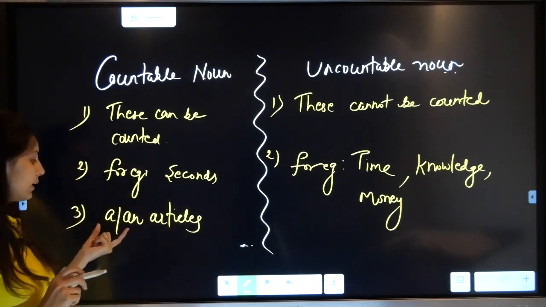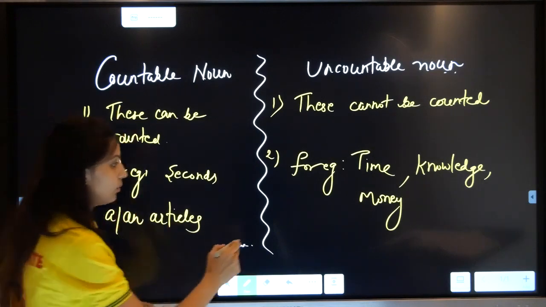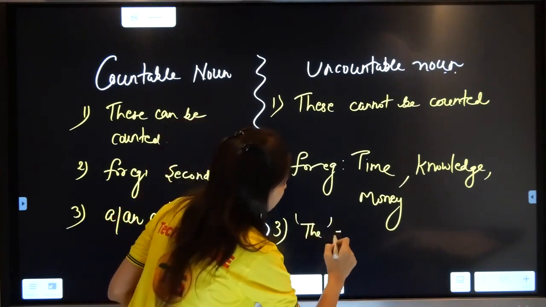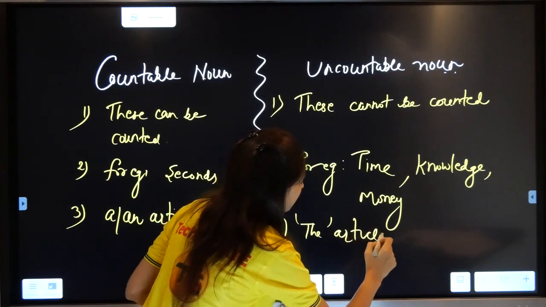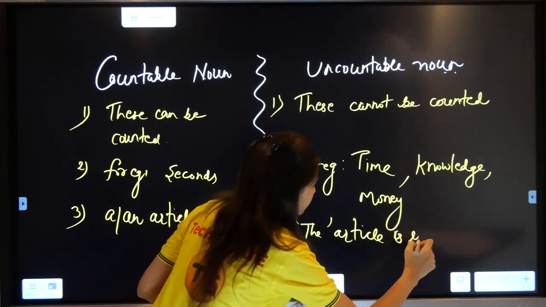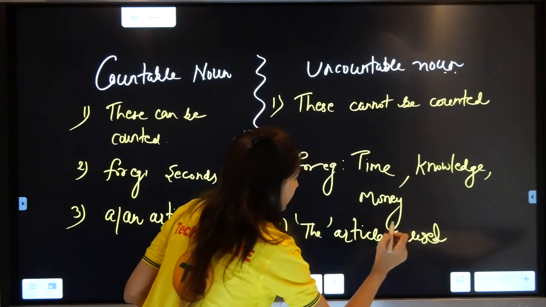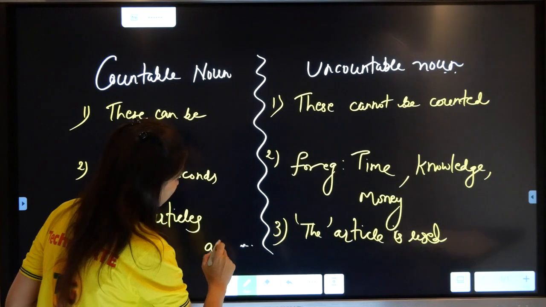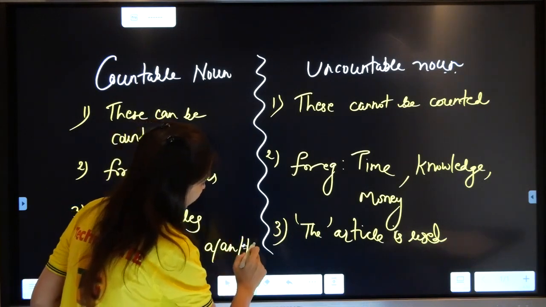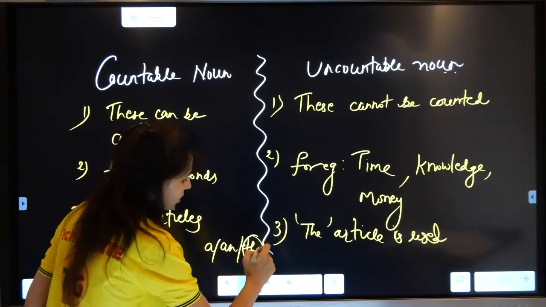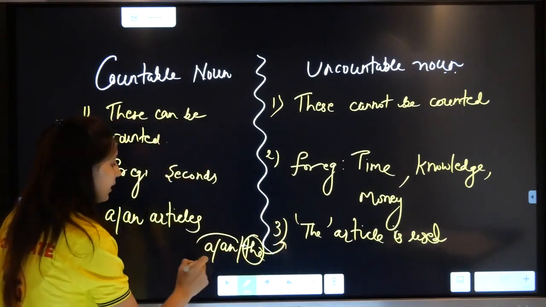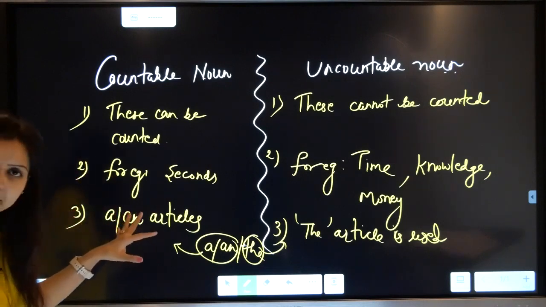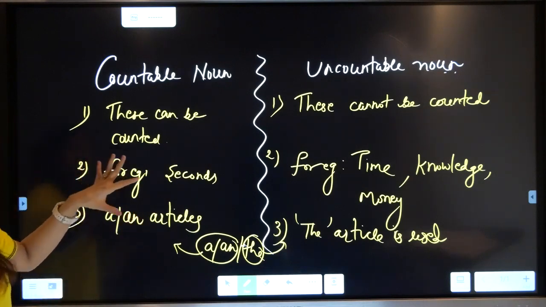Out of those three, a or an can be used with the countable noun, and the article the will be used with the uncountable noun. Simple. So the will be used with the uncountable, a and an will be used with the countable noun. I hope the difference is very clear. So this is about countable and uncountable nouns.